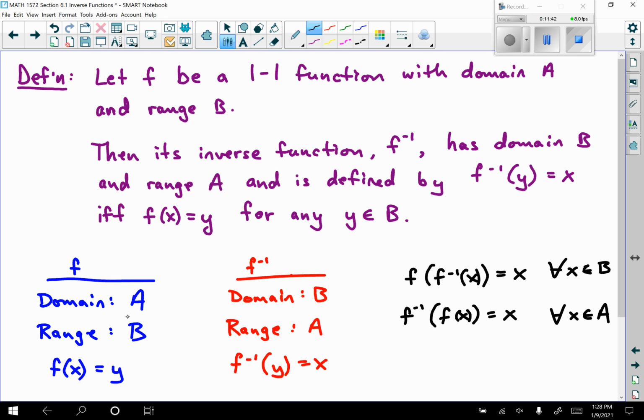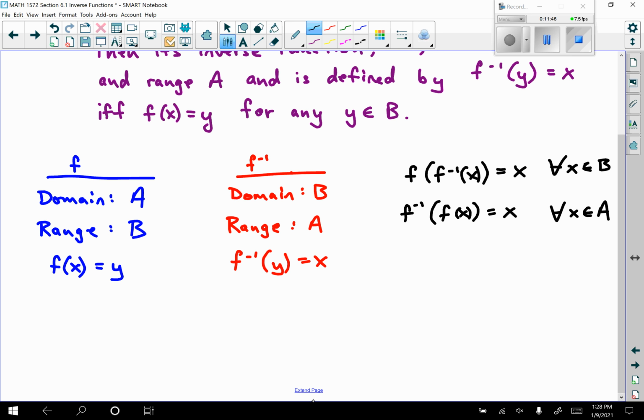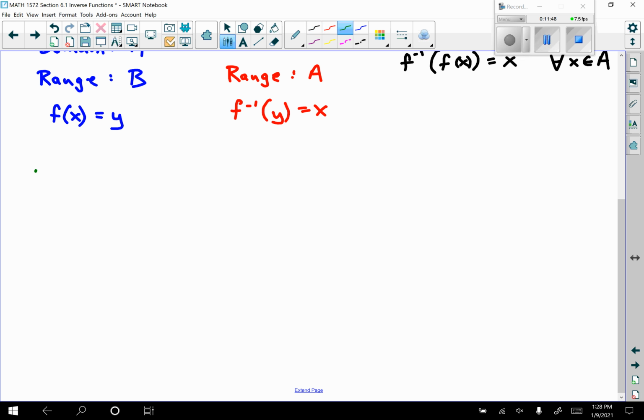So algebraically, to find the inverse of a one-to-one function, three steps here.